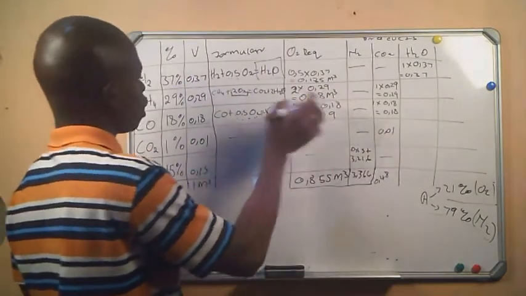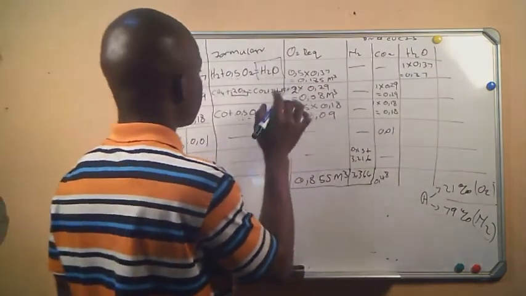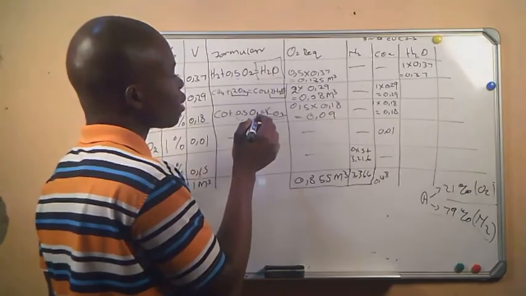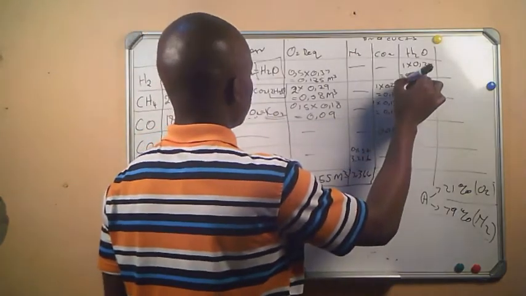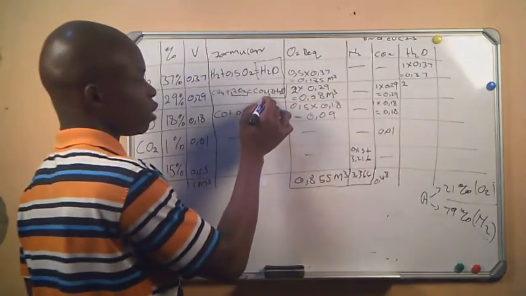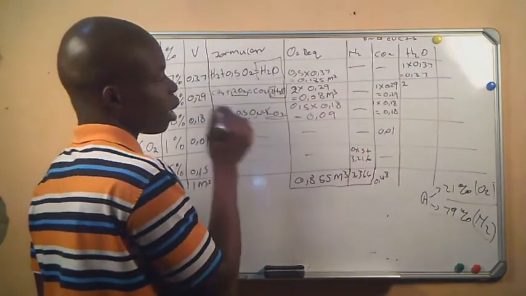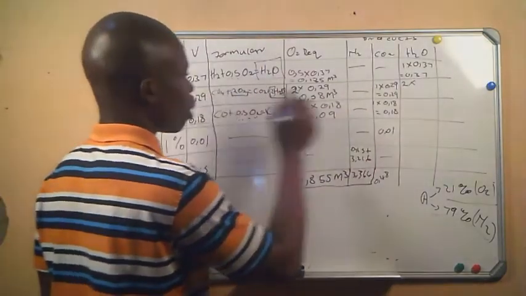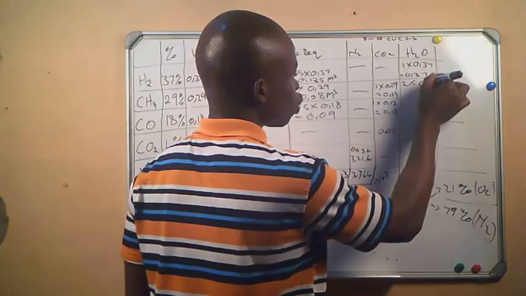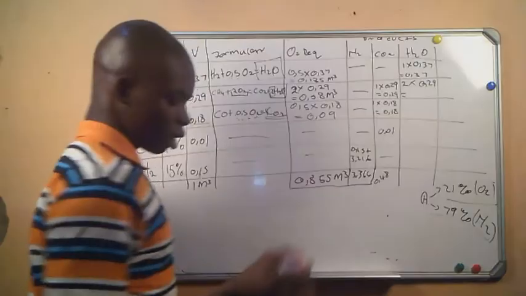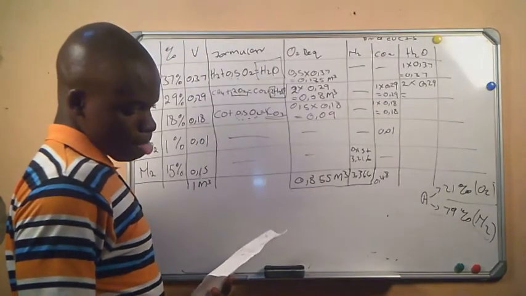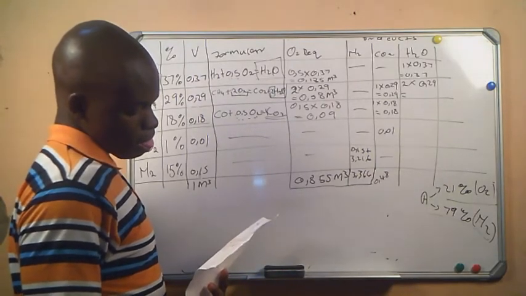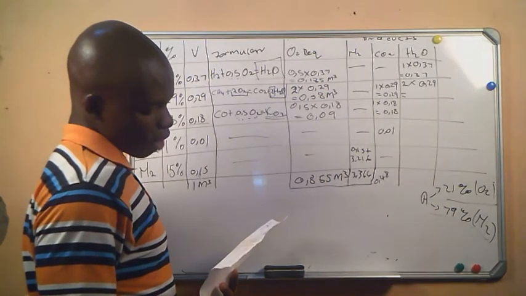And then we come to our second one, which is methane. We can see there will be water as a product for methane, and then we say 2, since the molecule number of this is 2, and then 2 times the amount of methane in the system, which is 0.29, and this will give us 0.58.